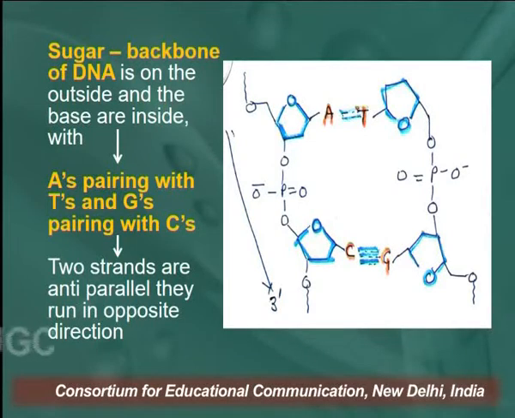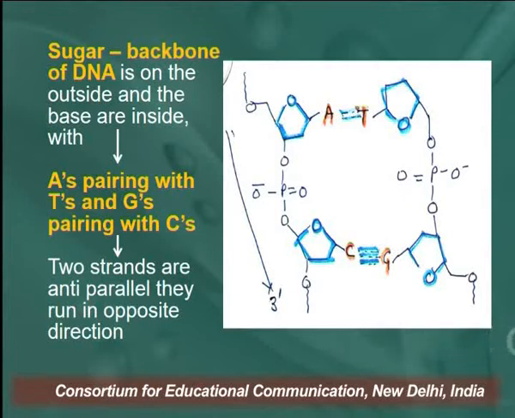DNA is a nucleic acid structure, and adenosine pairs with thymine, while guanosine pairs with cytosine. So always remember, adenosine will not pair with guanosine.